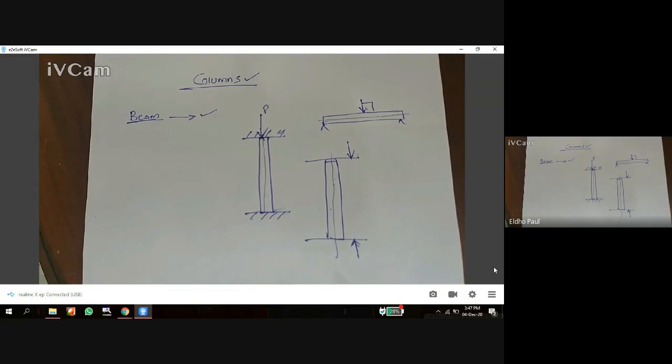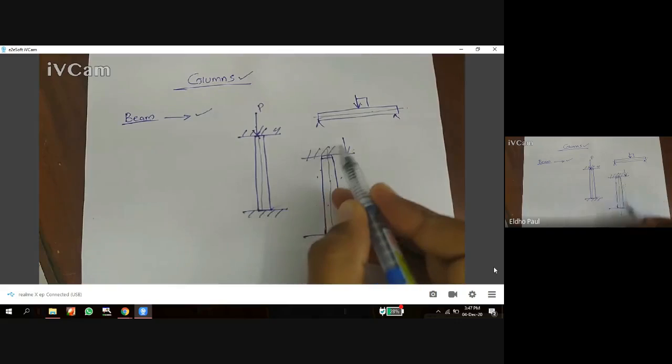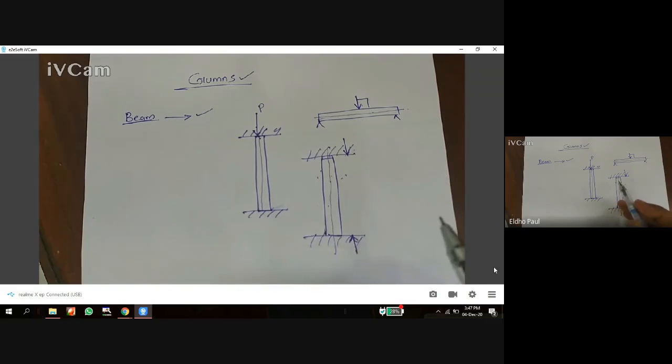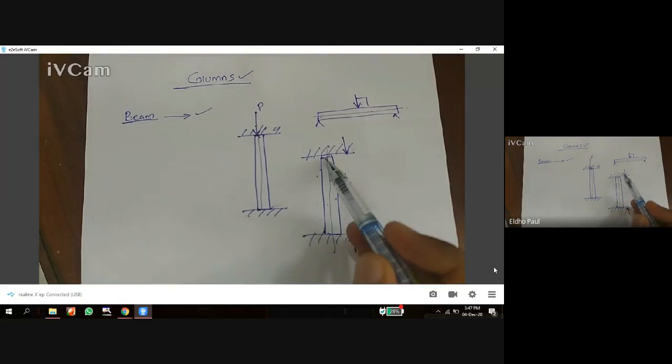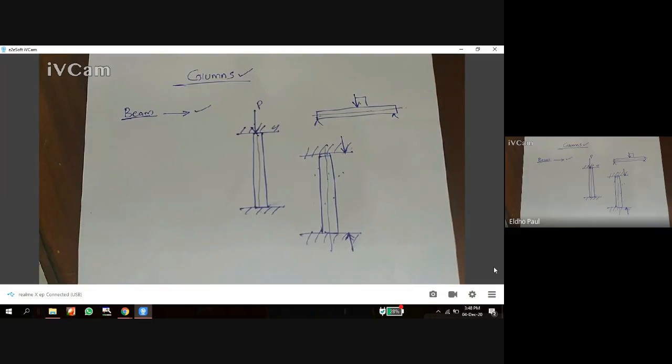It is a vertical member, and both ends are fixed rigidly while subjected to axial compressive load. Those are the characteristics of a column.